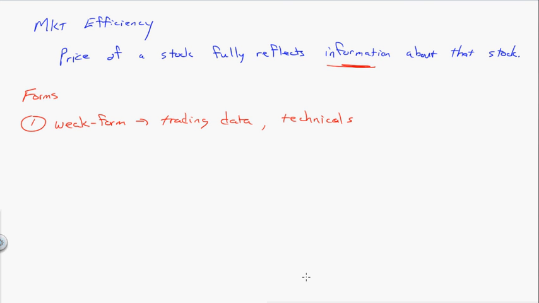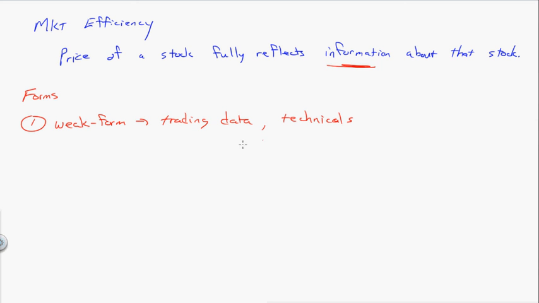If the market is efficient, knowing the past patterns in price and volume of the stock will not help you predict future returns. So let me say that again. If the market is weak form efficient, that means looking at past patterns in price and volume of the stock will not help you predict future returns.